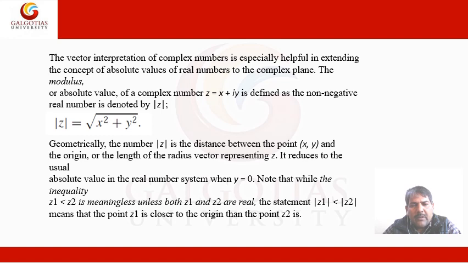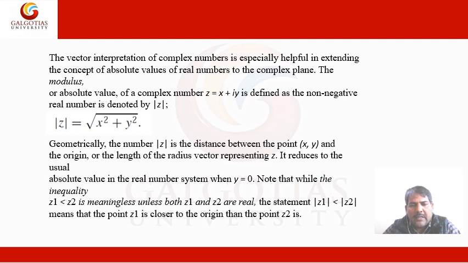Geometrically, the number mod of z is the distance between the point (x, y) and the origin, or the length of the radius vector representing z. It reduces to the usual absolute value in the real number system when y equals 0.